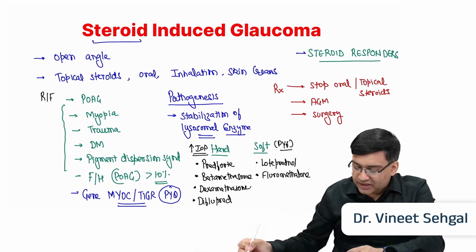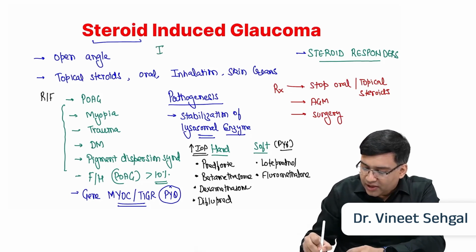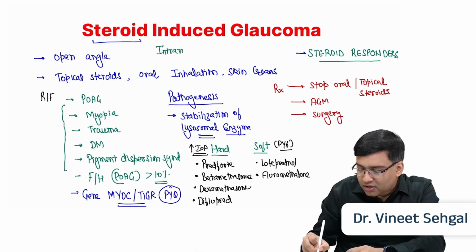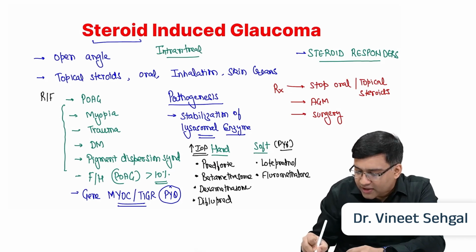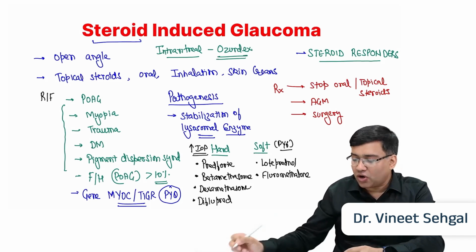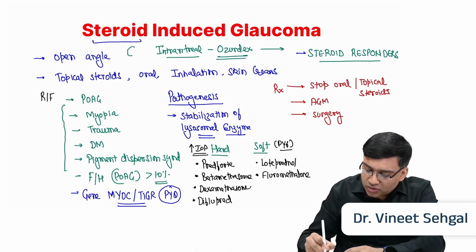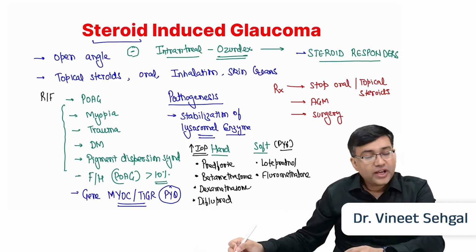Now, one thing more that I want to highlight here is that new intravitreal steroids like Ozurdex also have a very high predisposition to cause a steroid response. The problem is when this drug is inside the vitreous humor, you cannot do anything.